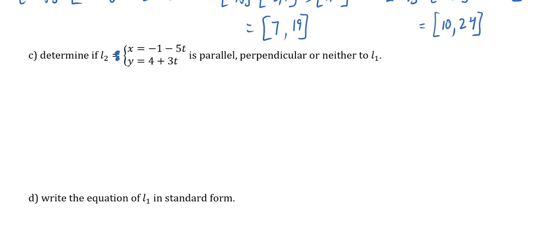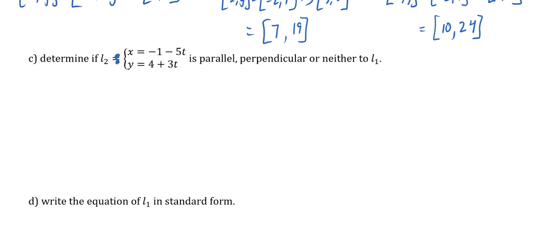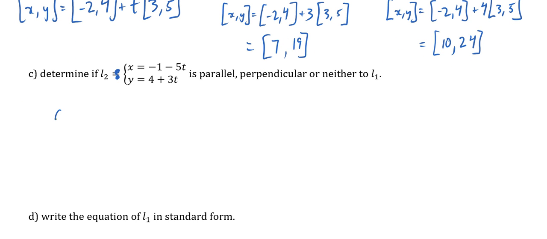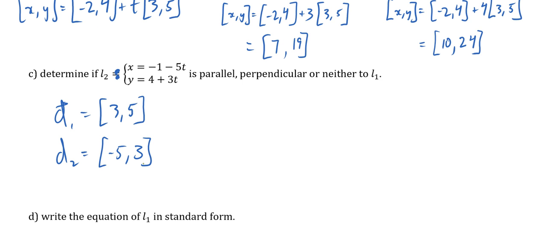So we want the direction vector of both. The direction vector of the first one is 3, 5, and the direction vector of the second one is negative 5, 3. You can see where that comes from, right? The coefficients of the t terms.